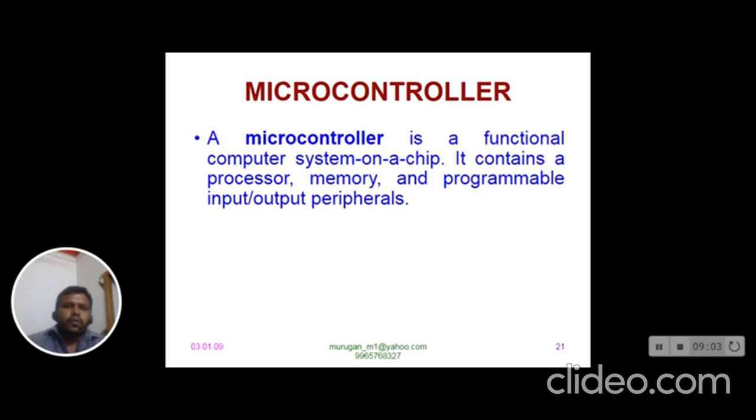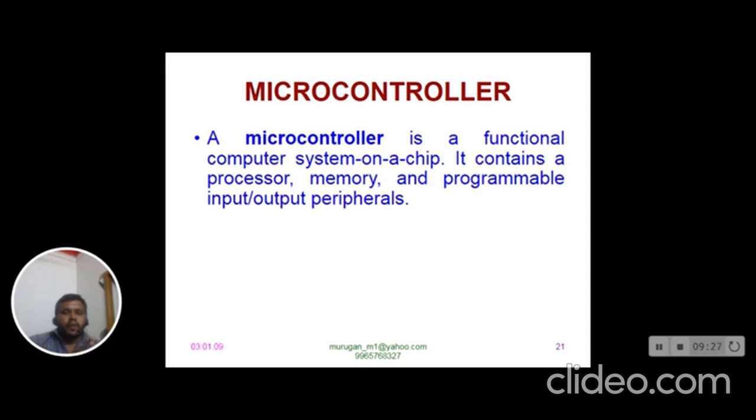A microcontroller is a functional computer system on a chip. It contains a processor, memory, and programmable input and output peripherals. A microprocessor is a single chip having a specific application only for programming. But a microcontroller is different.